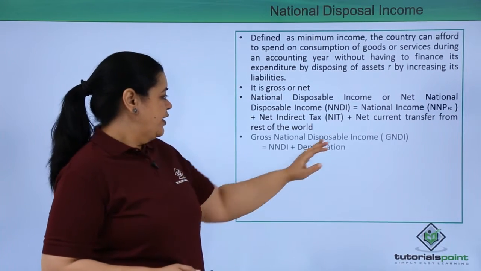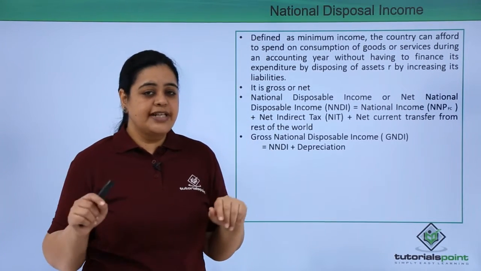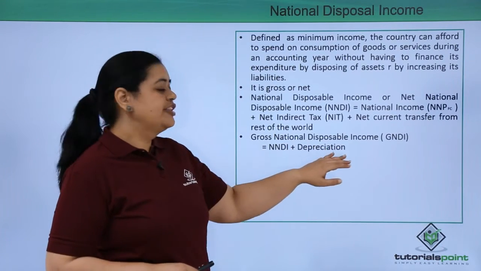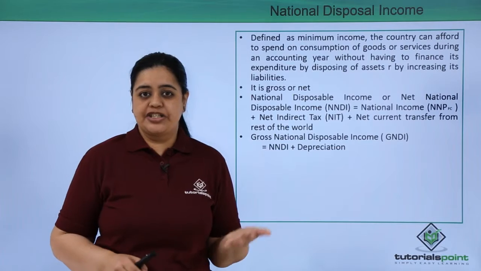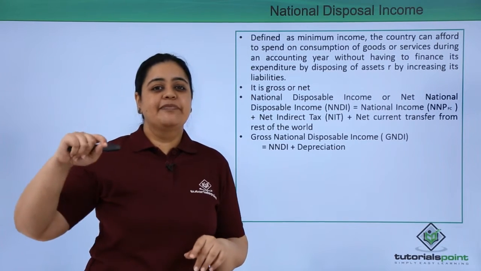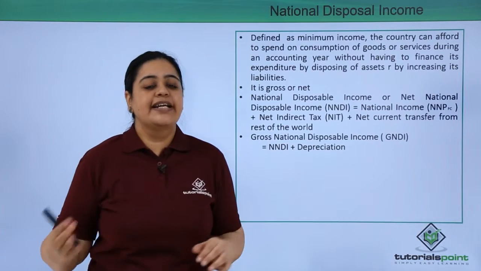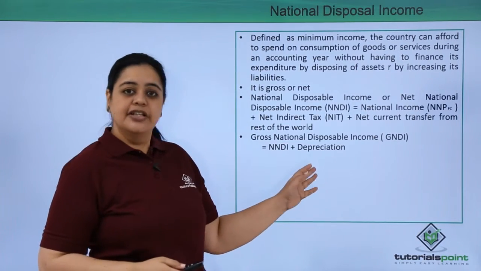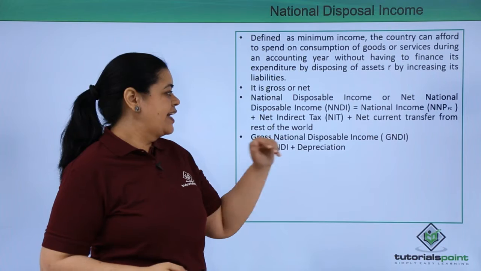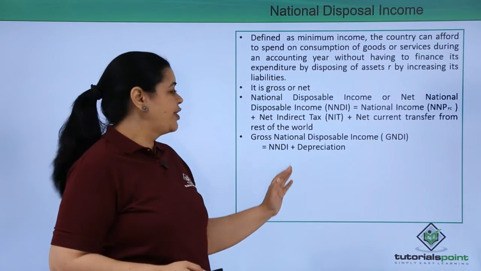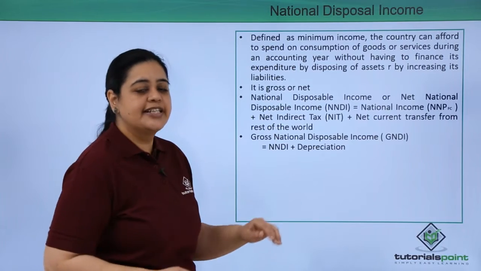Now when I have to talk about the gross national disposable income, GNDI, I would just add the depreciation. Remember, the same concept is coming in again: when I am going from gross to net, I am subtracting depreciation, right? So here, because I am calculating gross national disposable income, I am adding the depreciation to the net national disposable income.